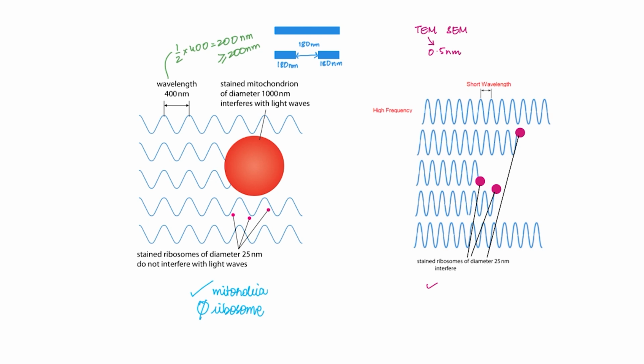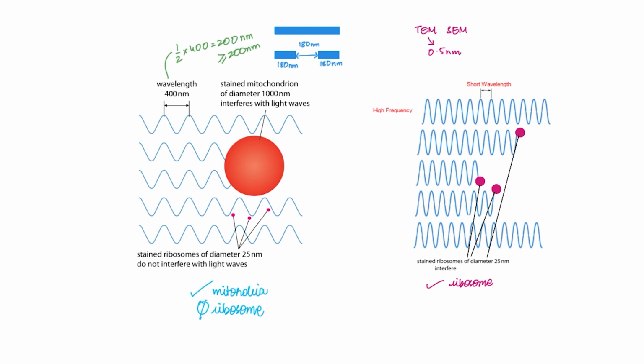Which is why under an electron microscope you can see ribosomes, whereas under a light microscope you could never see the ribosomes. So the point being, if an object is more than or equal to half the wavelength of the radiation being used, it will end up interfering with its movement and be visible as a separate object. If it is smaller than that, it will not interfere with the radiation and cannot be distinguished as a separate object or point under that microscope.